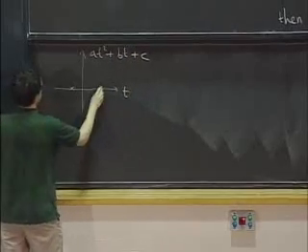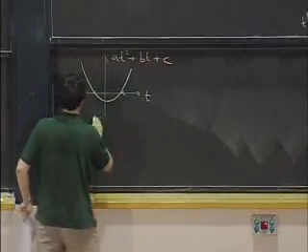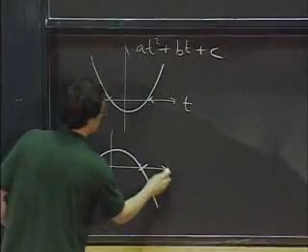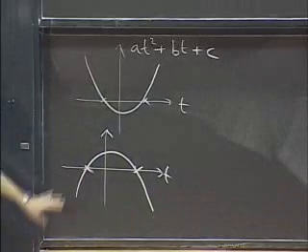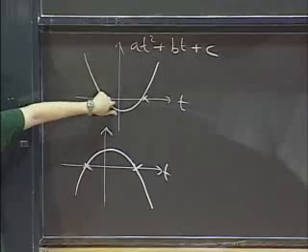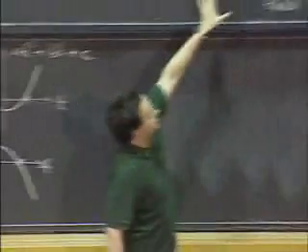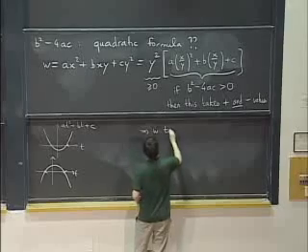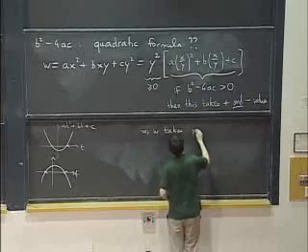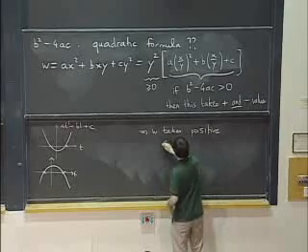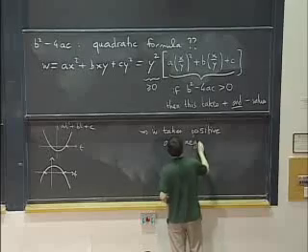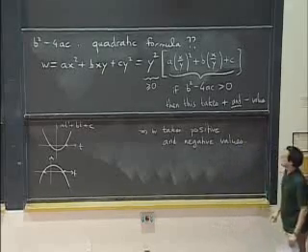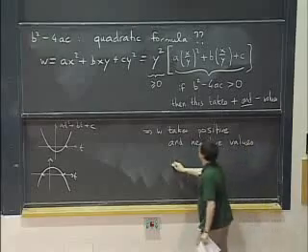You know that there's two roots, so it might look like this, or it might look like that, depending on the sign of a. But in either case, it will take values of both signs. So that means that your function will take values of both signs. W takes both positive and negative values. And so that means we have a saddle point.